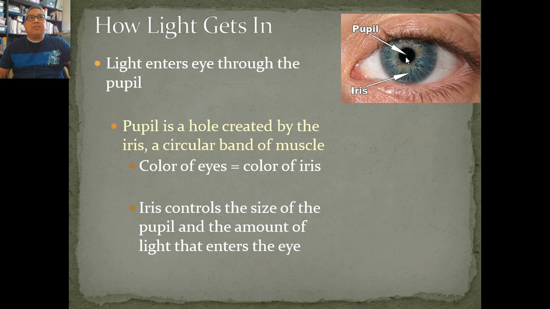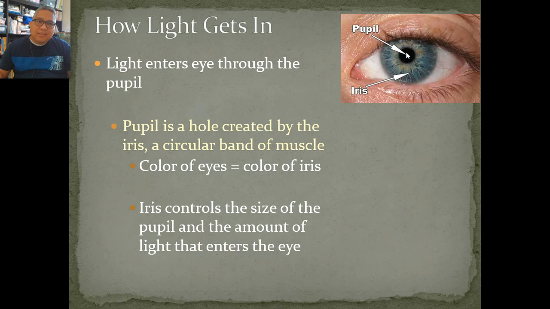If it's really sunny outside, then obviously you don't need a lot of light, so this part will become smaller. And again, if it's dark, it will absorb light. So what do you think will happen when you go outside and it's really sunny? Will this become bigger or smaller? Exactly, it will become smaller.